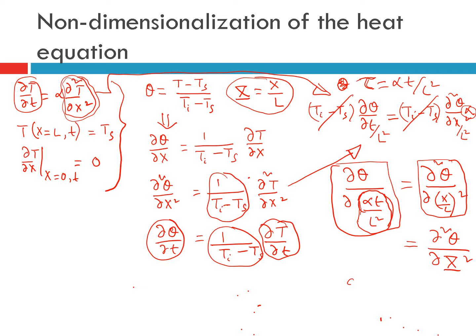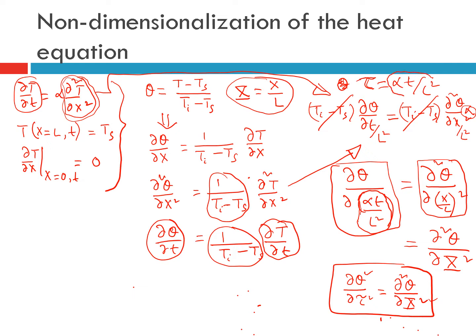So in terms of this new quantity, I can write del theta del tau is equal to del square theta del X square. So this is my non-dimensional governing equation in terms of non-dimensional temperature, non-dimensional time, and non-dimensional distance.